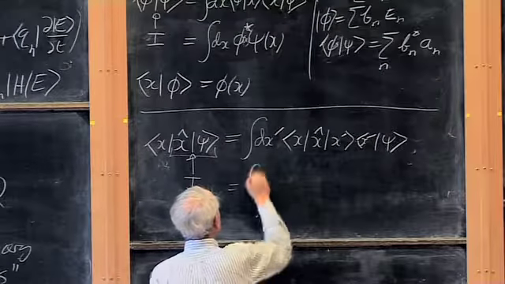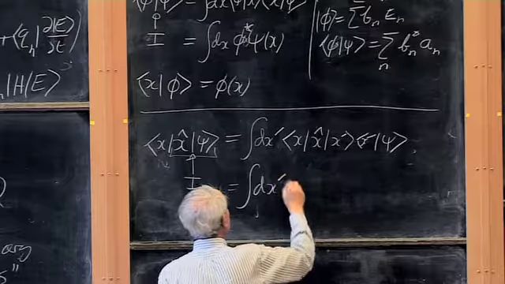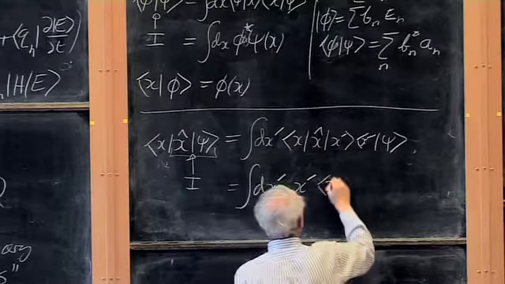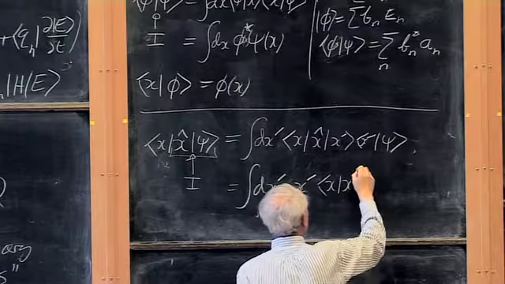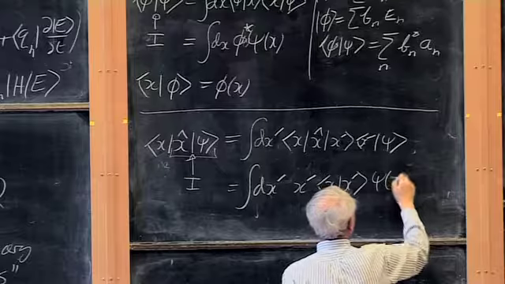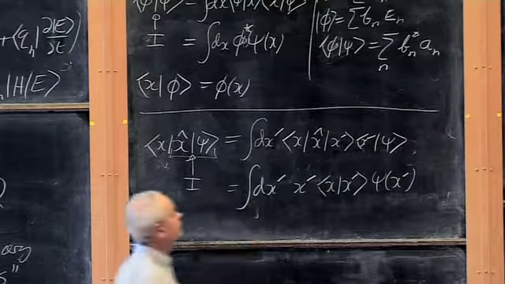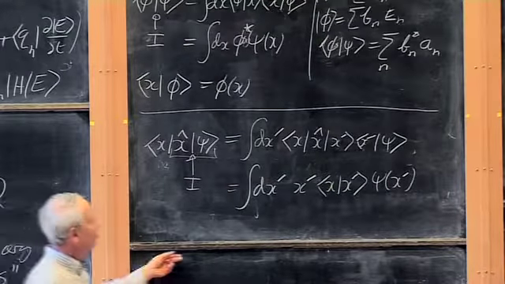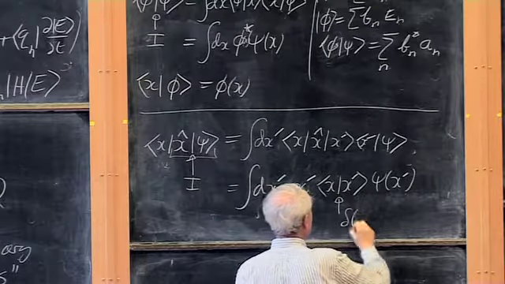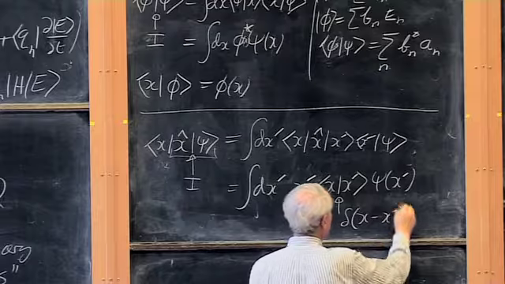So this becomes the integral dx prime of x prime. There's the eigenvalue popped out. Then we have x prime psi, and this we recognize to be the wave function of psi evaluated at x prime. But this we recognize now, we've seen that this is the Dirac delta function of x minus x prime.